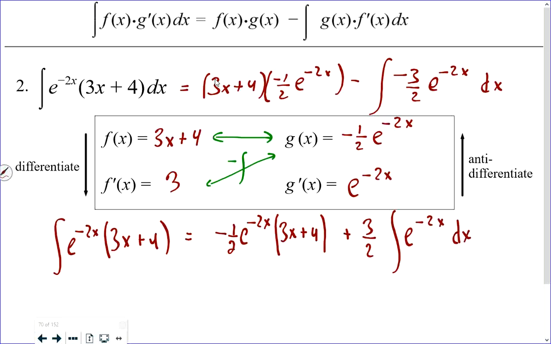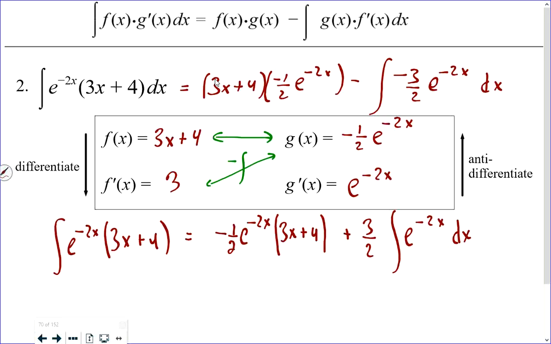So again, I'm playing around with that rule that we learned the day before yesterday. It's a law of definite and indefinite integrals, that the integral of a constant times a function is the same as the constant times the integral of the function.